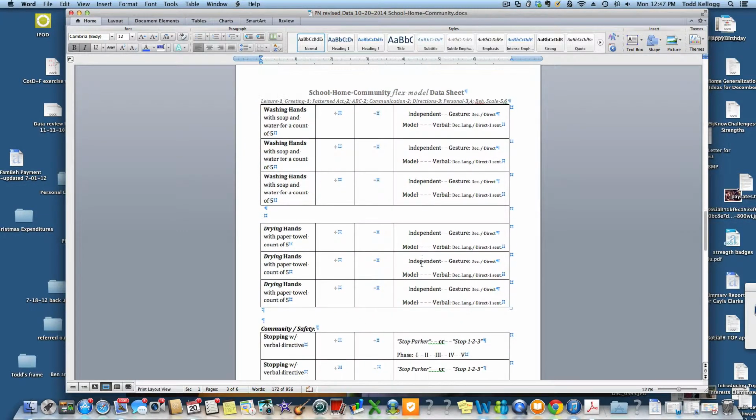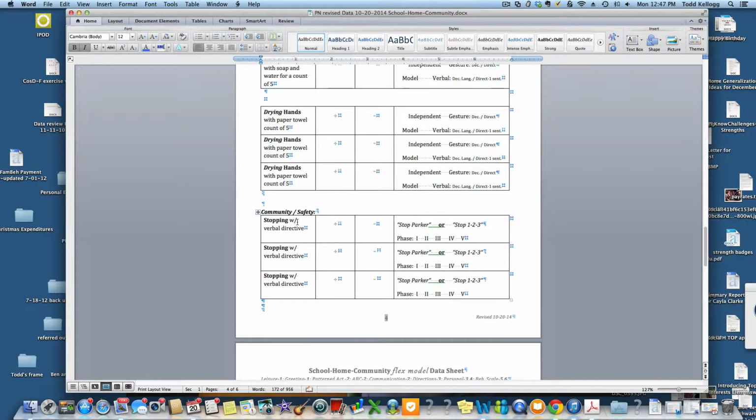Dry hands. And then community safety, stopping with verbal directive. And the options are stop Parker or stop 1, 2, 3. These phases refer to a lesson that was put together some time back. And if you need more information on that, just let me know and I'll make sure you have a copy of that. Because ideally, phase 1 is, we're in control of the situation, so Parker has no choice but to stop.